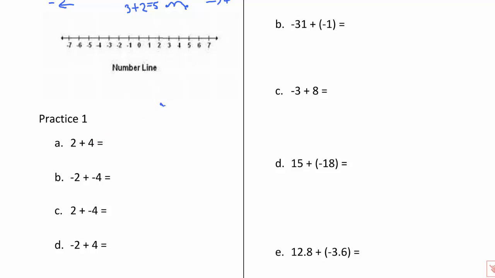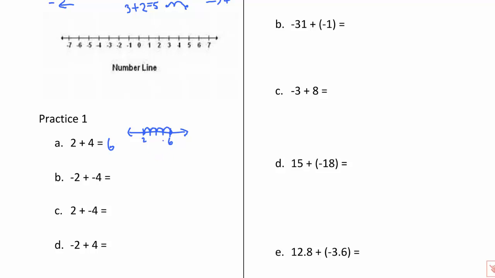So down here, if I did a number line, I'm just going to put a point here at 2, and then go right 4 places. 1, 2, 3, 4. So I'd be going from 2 to 6. So 2 plus 4 is 6.